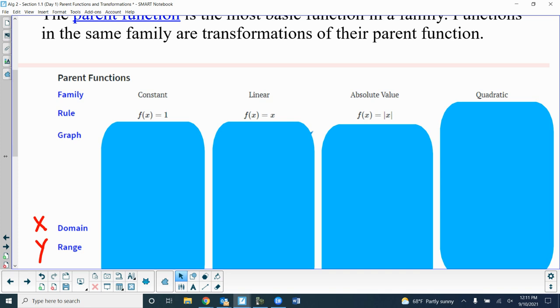And then quadratic, we know, has an x what? What did all of our problems that we just got done doing have with that first x? We always saw an x to the second, right? An x squared. So those are the four families we're going to really concentrate on, and those are the rules, or the functions, that go with them.